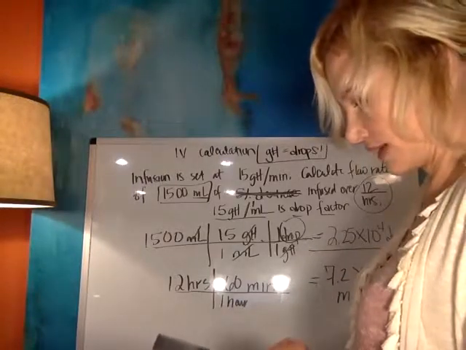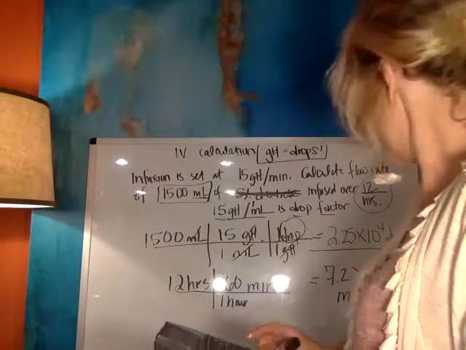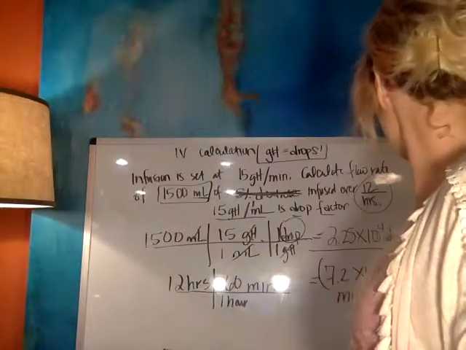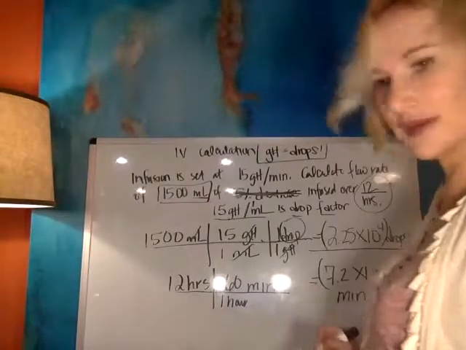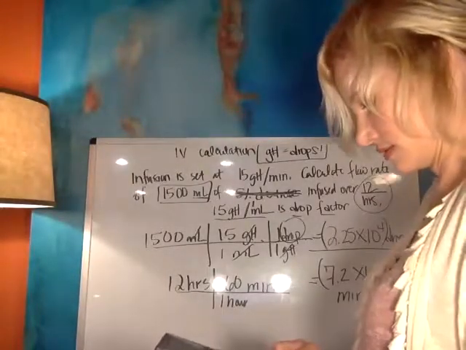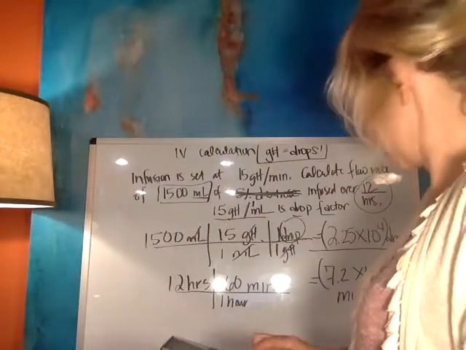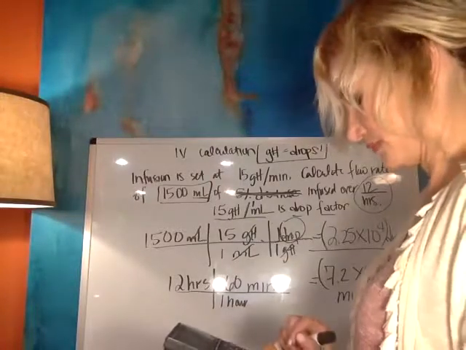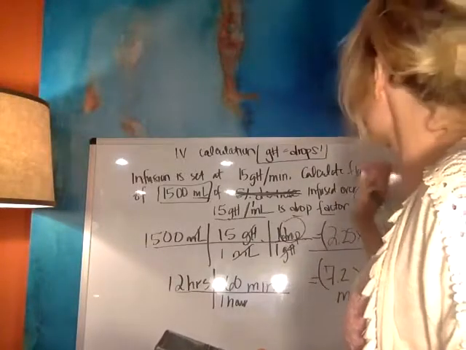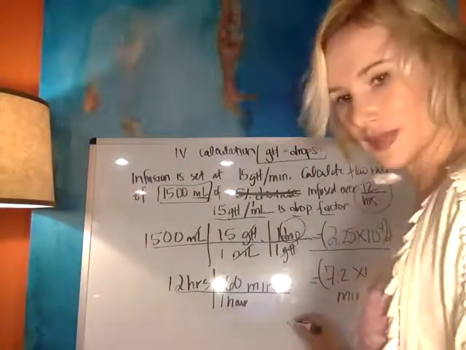So 2.25 times 10 to the 4th divided by 720, and I put these in parentheses when I put them in my calculator so that it doesn't do anything weird. And then I get 31 because they usually write it as a whole number.